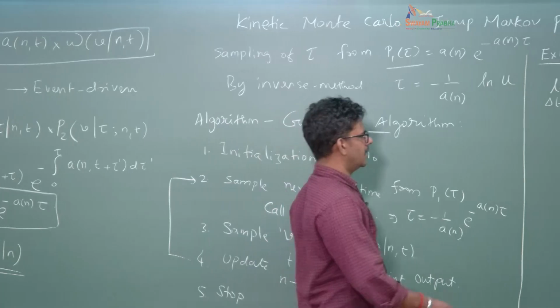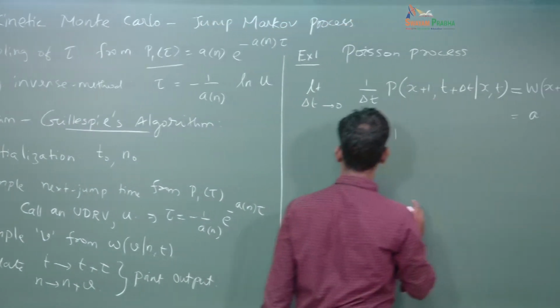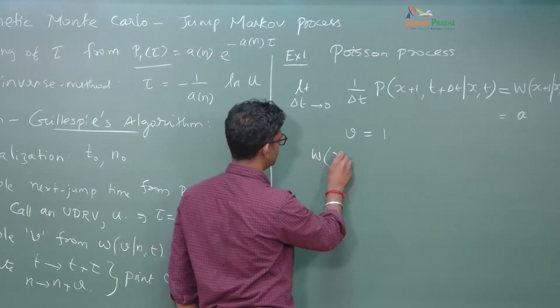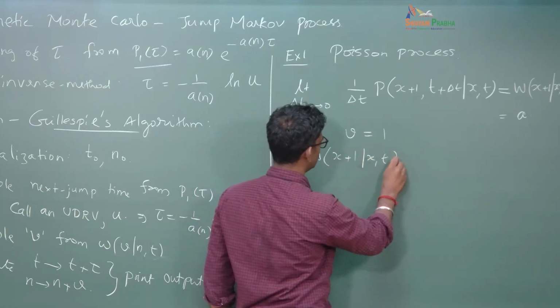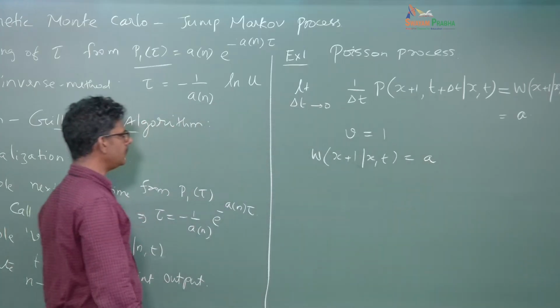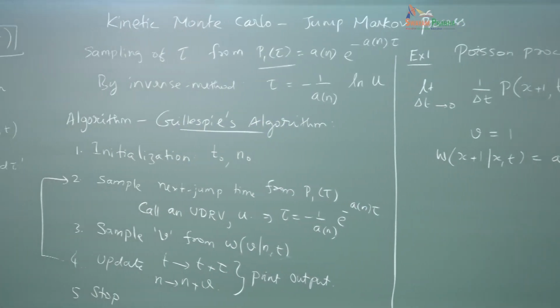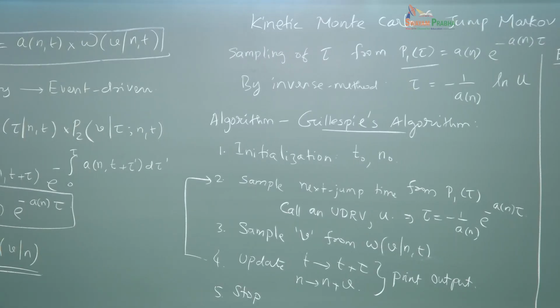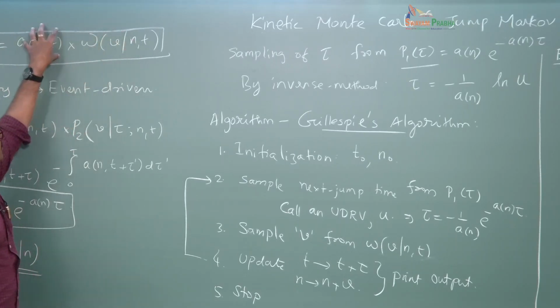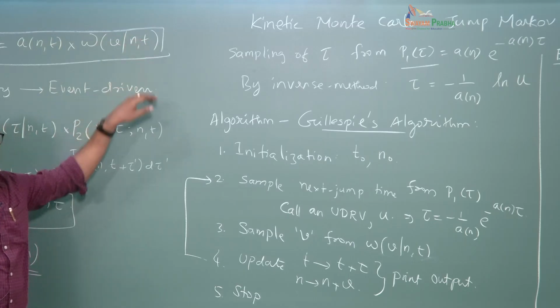So now if you compare, we have this x plus 1 is equal to a, and if you match with this expression, we are actually trying to express this characteristic function in terms of two functions, one that samples time, the other one samples the new variable.